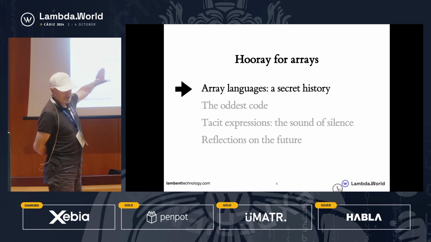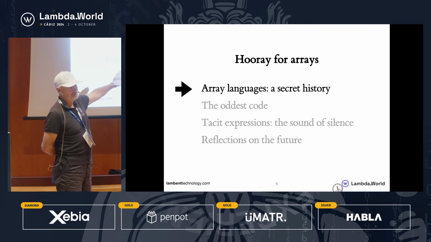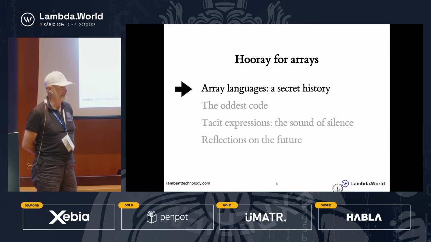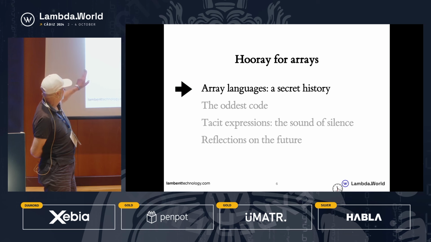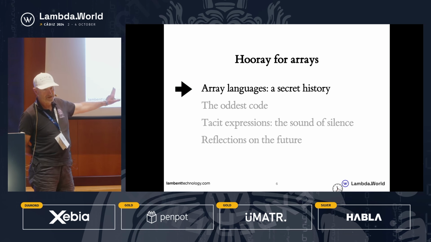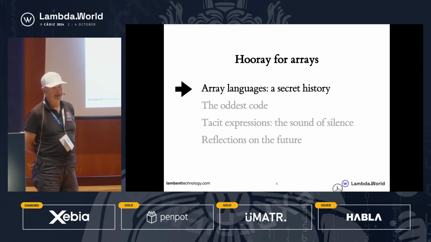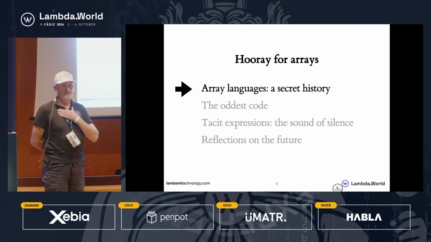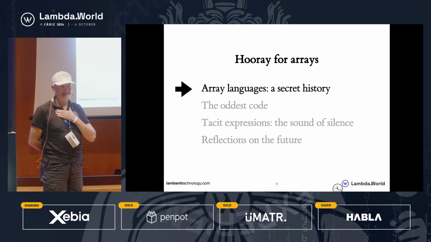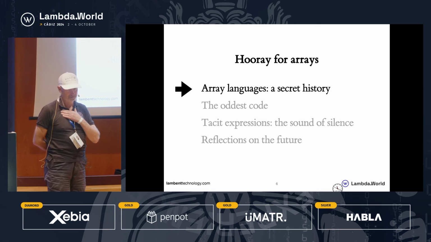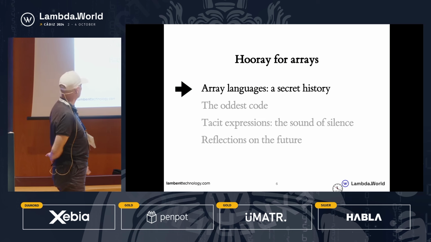I'm going to show you some of it, and perhaps the strangest code some of you will ever have seen. And I'm going to look at tacit expressions or point-free programming in APL to show you what it looks like. And my premise is that this is closest to what Backus had in mind with FP. You will judge for yourselves.